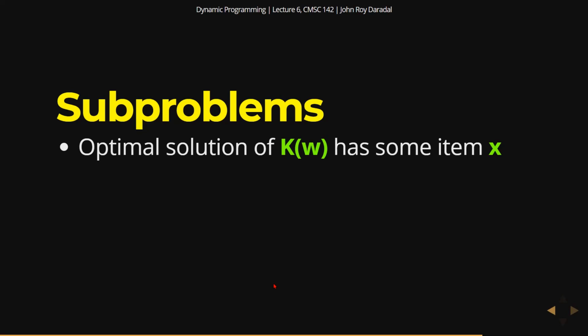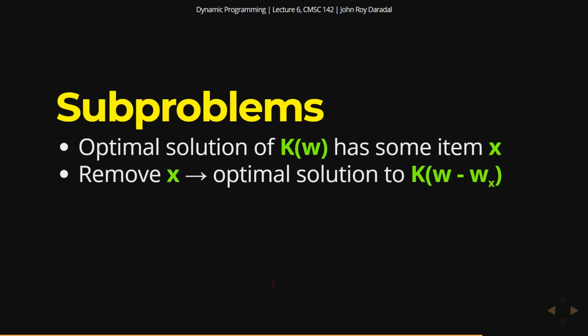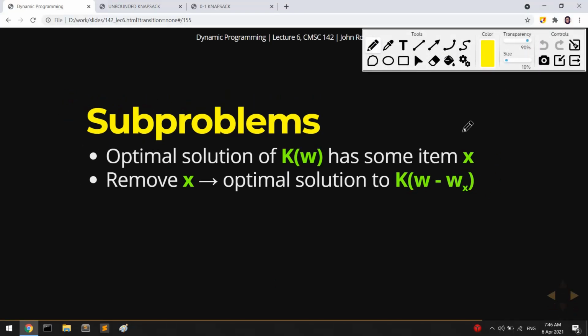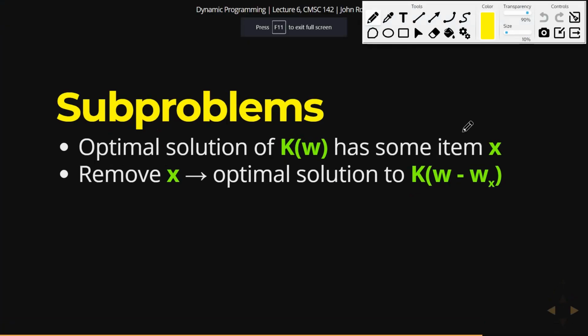We don't know what that item is, but there is that item X. Now, if we remove X from that set of items, we will get the optimal solution to K of W minus the weight of item X.